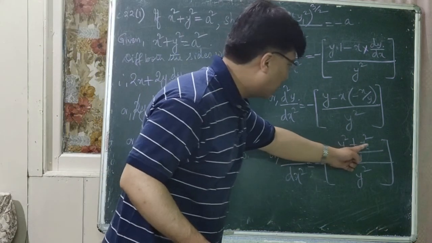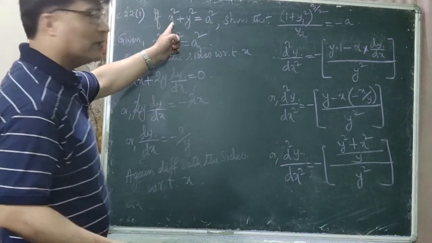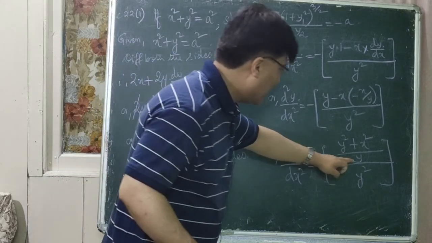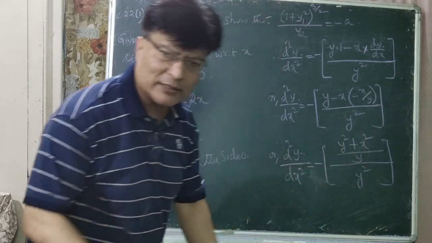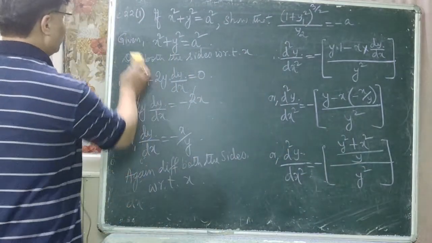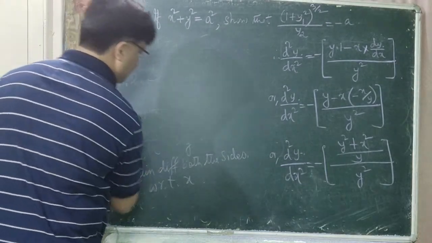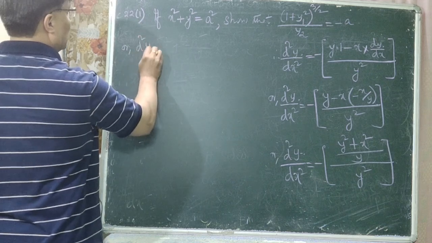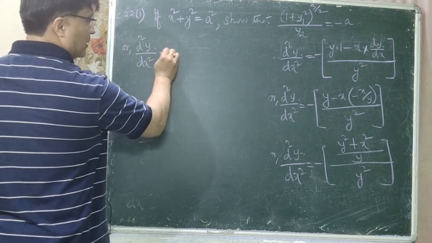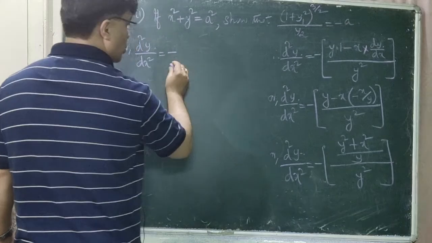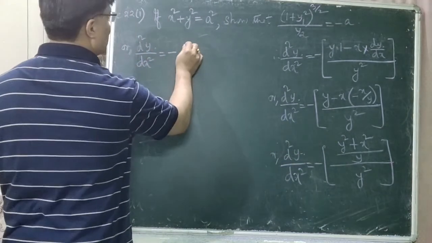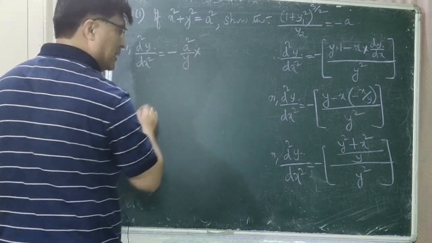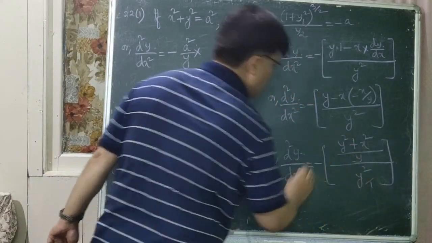So you can put the value for x square plus y square from given, isn't it? What is x square plus y square from given? It is a square. And this y and y square both are in the denominator. Okay? So now, in this case, d2y by dx square is equal to minus, so y square plus x square, you know that from given it is a square, divided by y into, this is your y square upon 1.